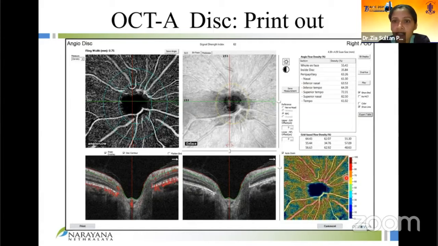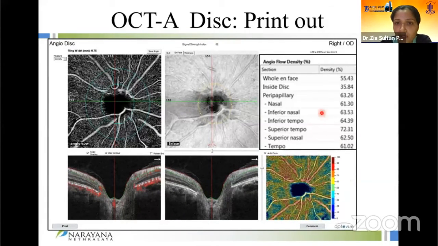Now, if you look at this density map, this is just an enlarged version. Again, you'll see it gives you the whole en-face region, the inside disc, which is the OCT. Because this is basically an OCT machine, it will give you the OCT layers as well. So this is auto-calculated based on the ending of the Retinal Pigment Epithelium Bruch's membrane layer.